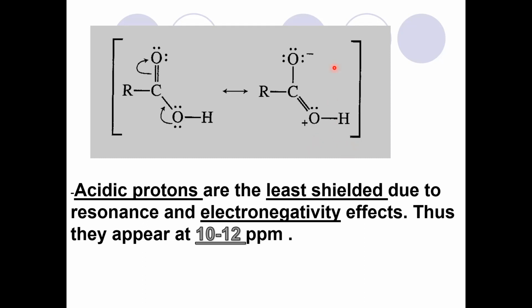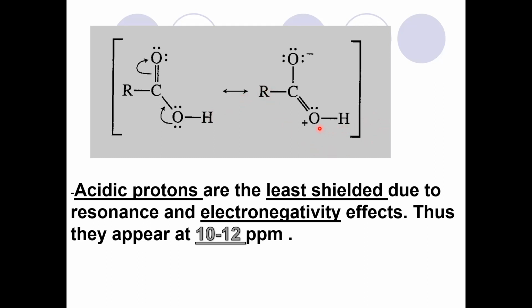Also, it is interesting to report that the carboxylic acid proton resonates downfield compared to all other types of protons because of two factors. First, the O is electronegative, and also the condition of resonance, which will cause the formation of this structure.